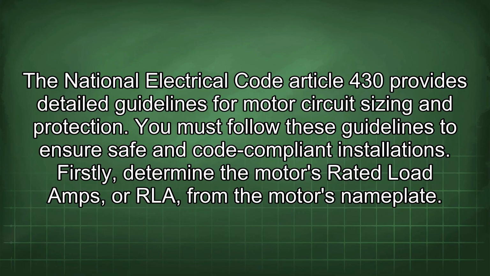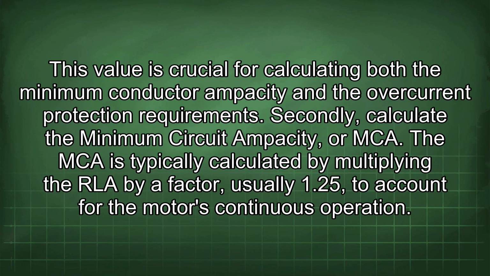Firstly, determine the motor's rated load amps, or RLA, from the motor's nameplate. This value is crucial for calculating both the minimum conductor ampacity and the overcurrent protection requirements. Secondly, calculate the minimum circuit ampacity, or MCA. The MCA is typically calculated by multiplying the RLA by a factor, usually 1.25, to account for the motor's continuous operation.